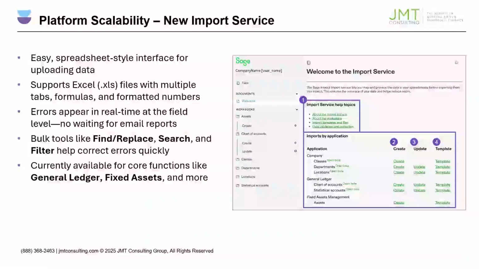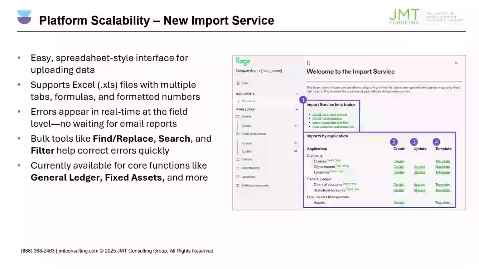Now let's talk about platform scalability. We have the new import service feature in Sage Intacct. This offers a much more intuitive and efficient way to manage your data imports. Instead of uploading a file and waiting around for an email with error messages, you now have access to a dedicated workspace where you can see issues directly on screen at the field level and fix them right there in context.